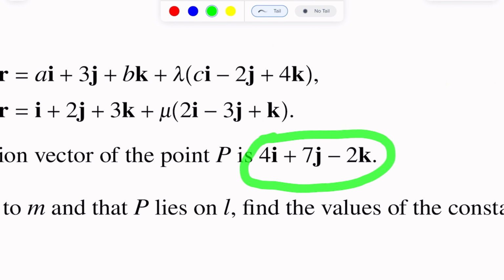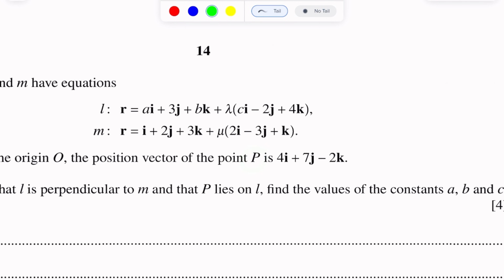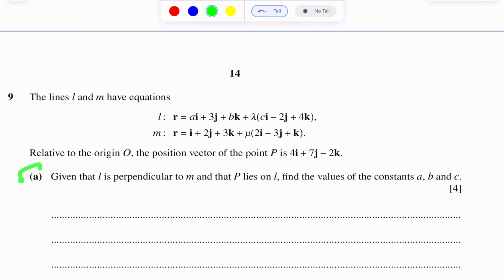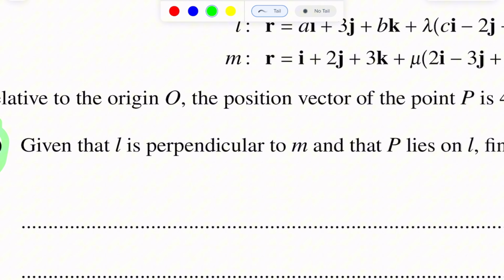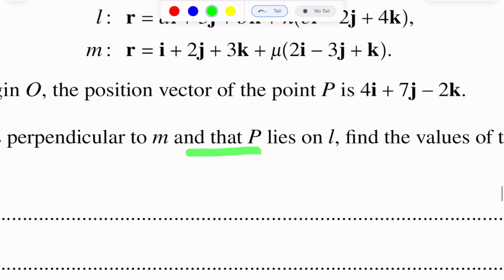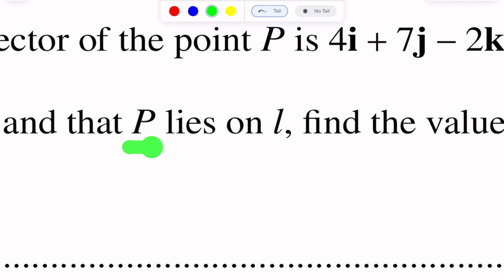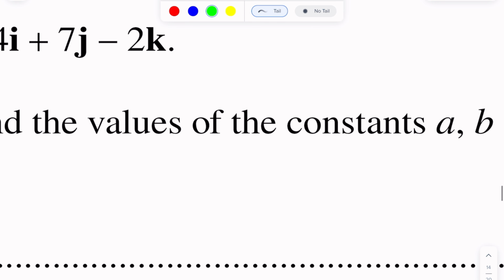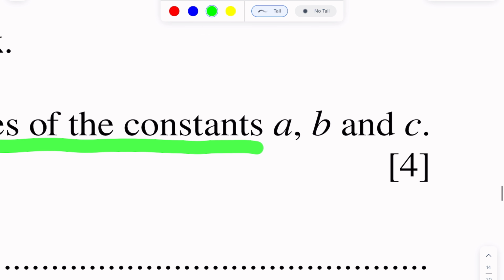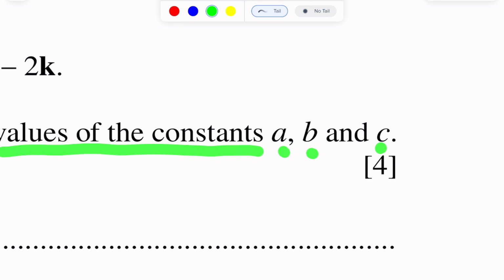This vector is the position vector of point P. Part A of this question is, given that line L is perpendicular to line M, and that point P lies on line L, find the values of the constants a, b, and c.